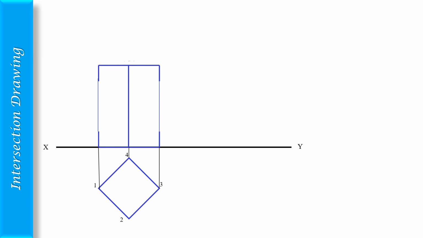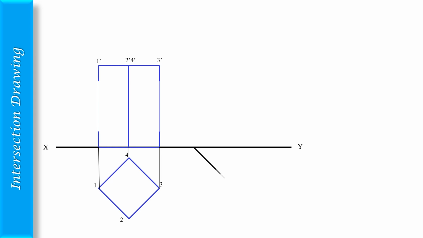If you see here, there are 1, 2, 3 and 4. In the same way, from here the line goes, so 1 dash. From 2 and 4 this line is going, so 2 dash and 4 dash. From 3 this line goes, so it is 3 dash. So we are drawing only the 30 mm sides and 70 mm square prism.